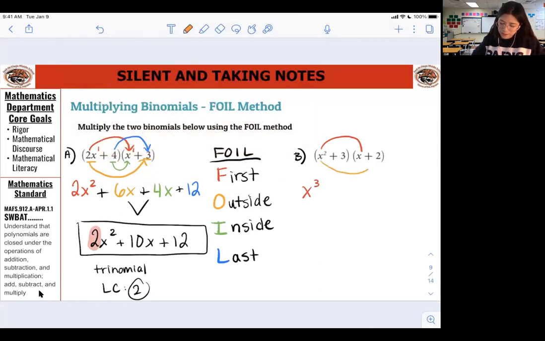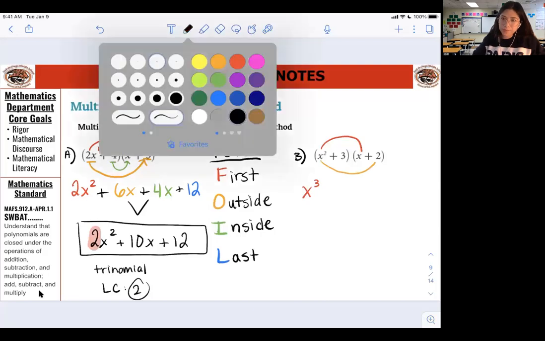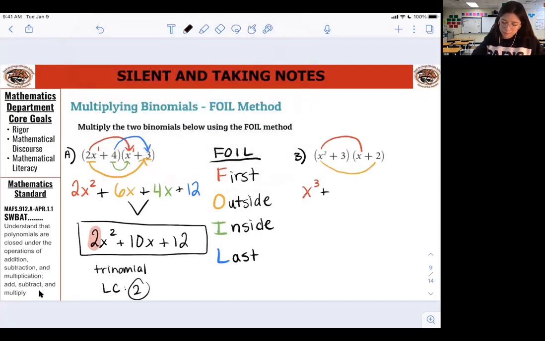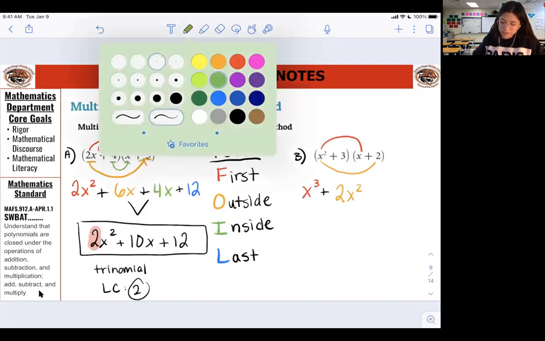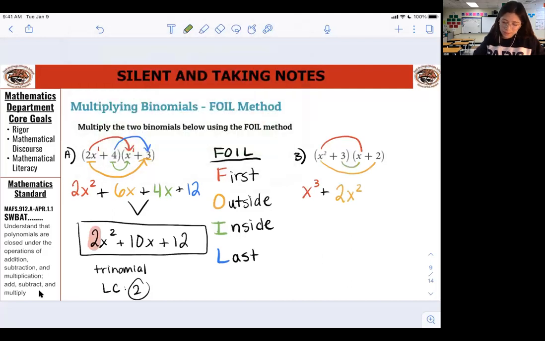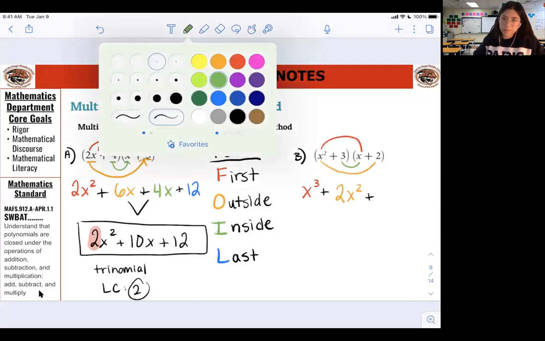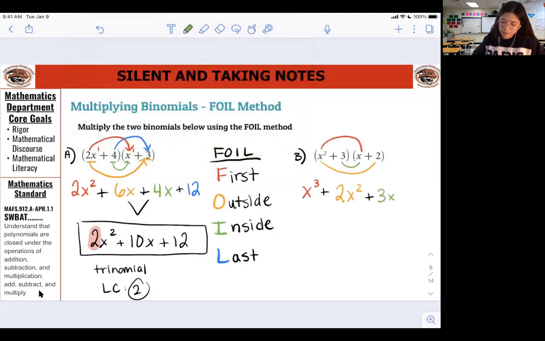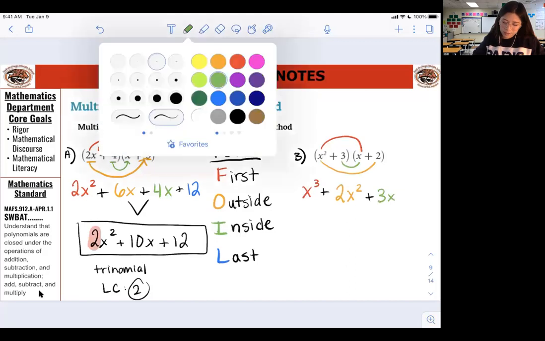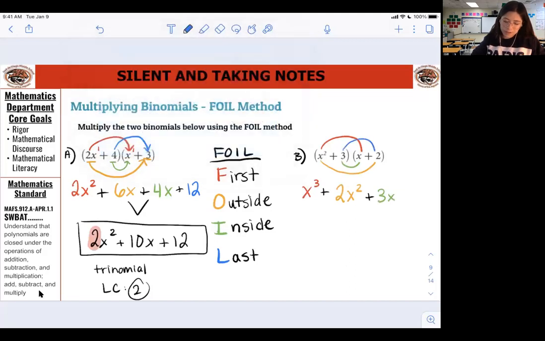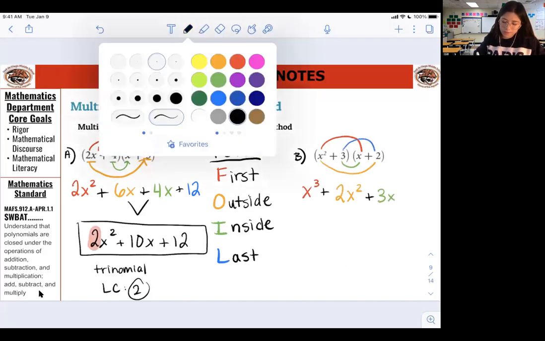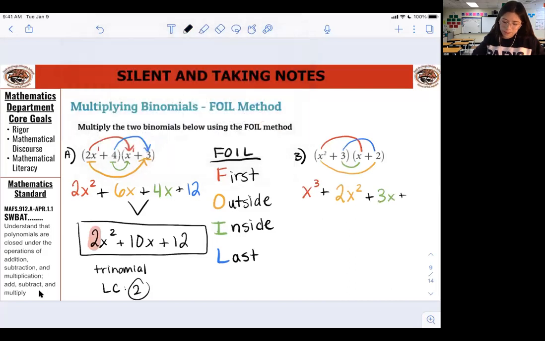Outsides, x squared times 2. Good, I'm seeing it in the chat. 2x squared. Insides, 3 times x. 3x. And then last, but not least, 3 times 2 is 6.